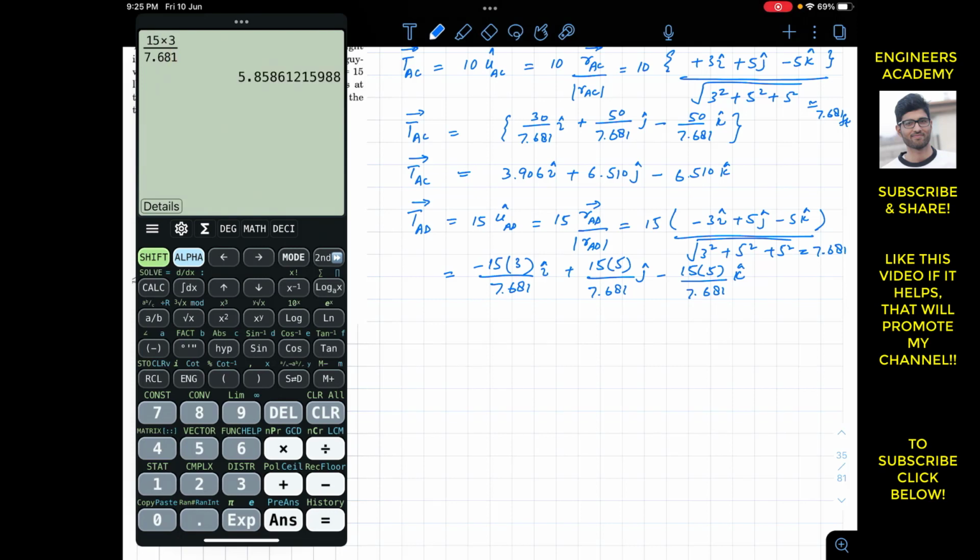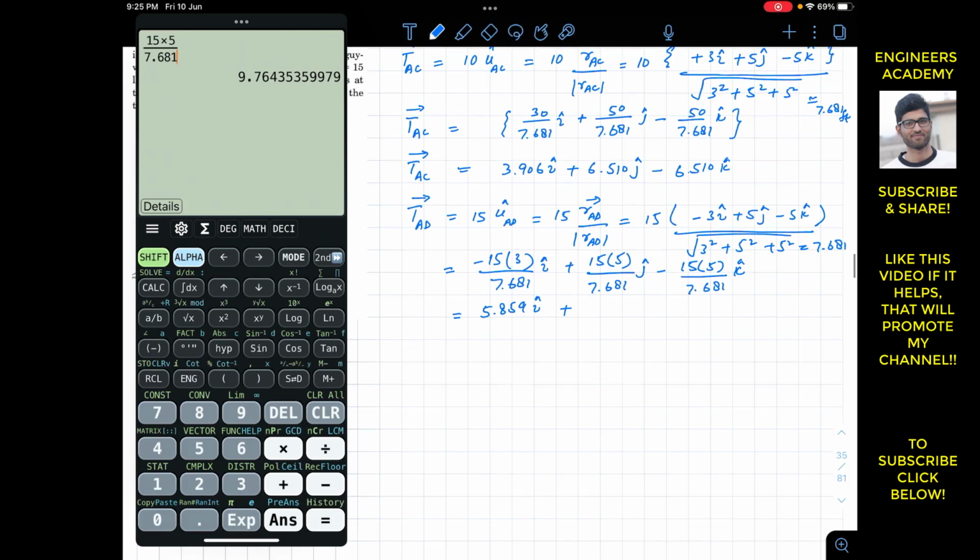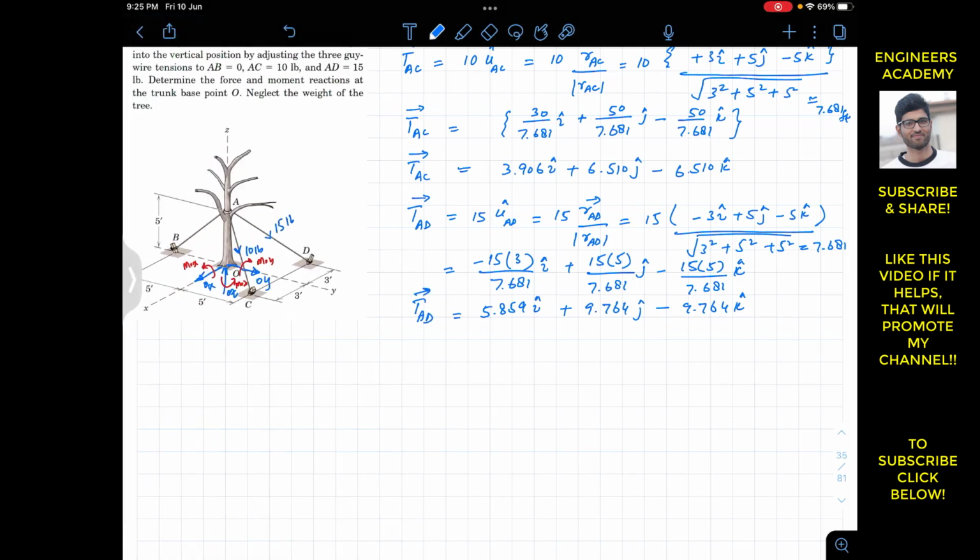This gives us 5.859I. Similarly, 15 multiplied by 5 divided by 7.681. This gives us 9.764J, and then minus 9.764K. So this is the Cartesian vector representation of the tension in that AD cable.